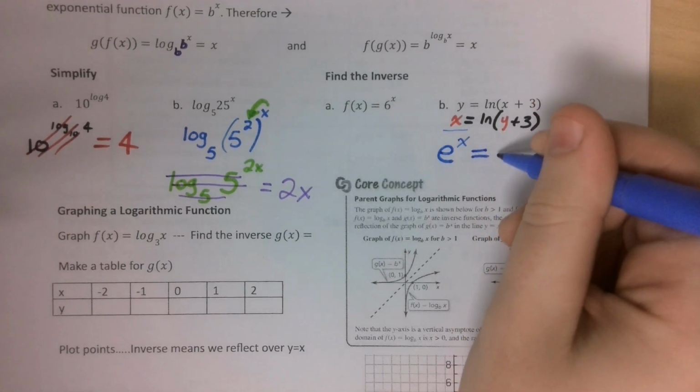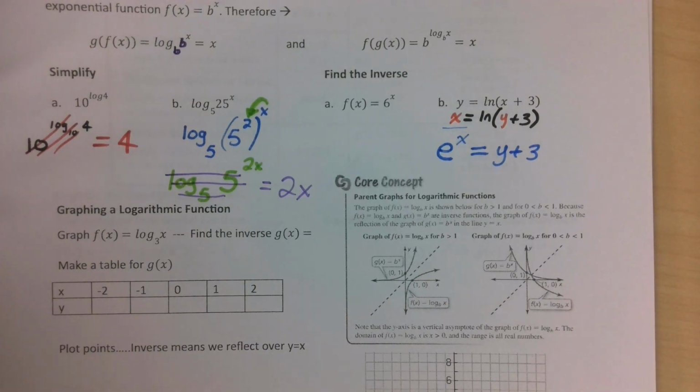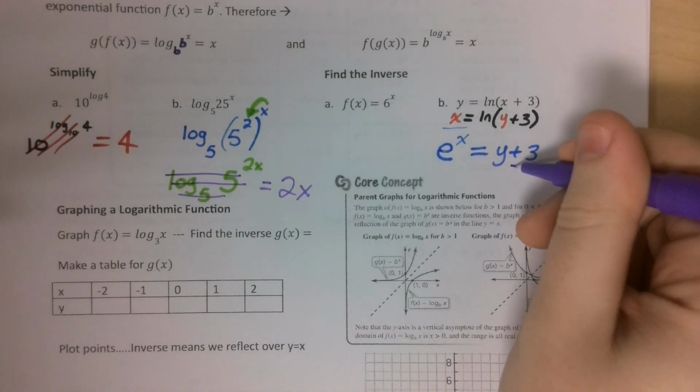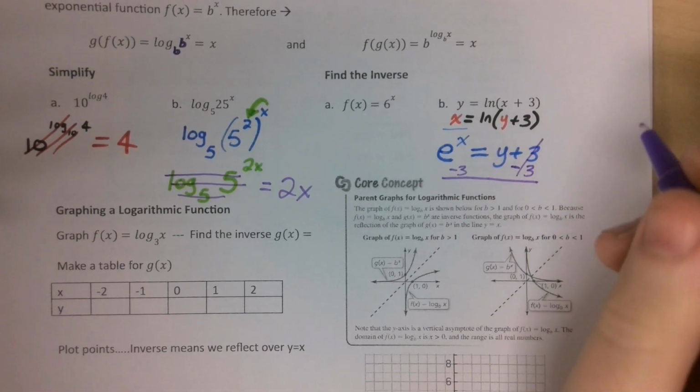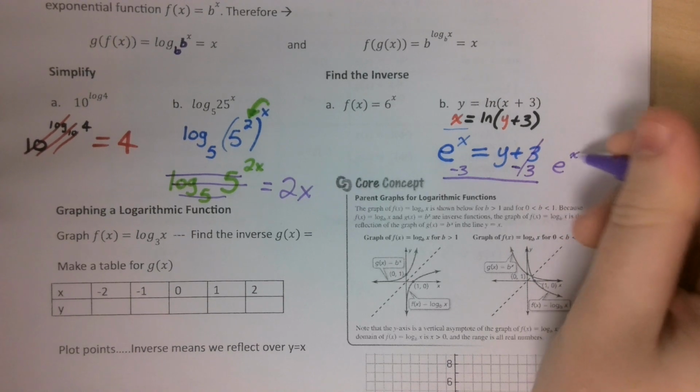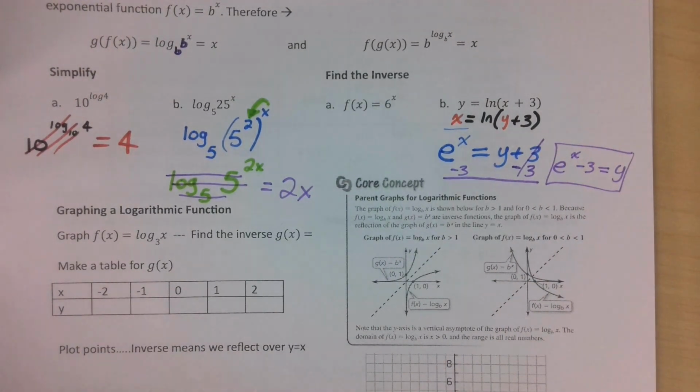And your argument becomes the argument here. e to the x equals y plus 3 is the same thing as x equals the natural log of y plus 3. But we didn't solve for y. y is not all by itself. But we can use our Algebra 1 skills to recognize that we can just subtract 3 from both sides. These cancel. We're left with e to the x minus 3 equals y. Done! It's as easy as that.